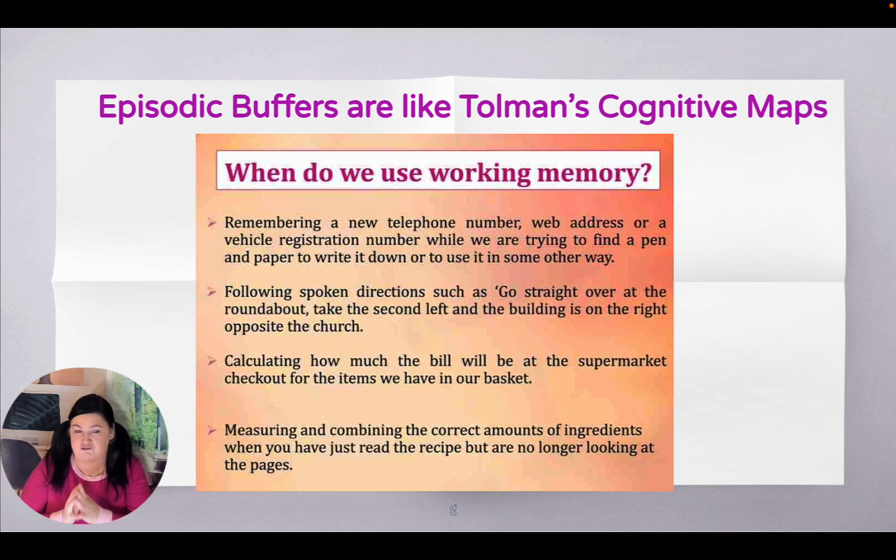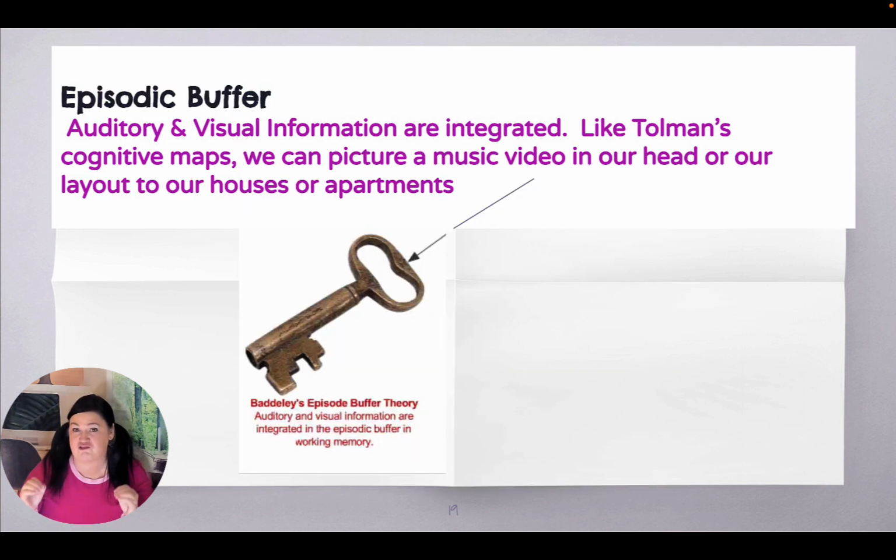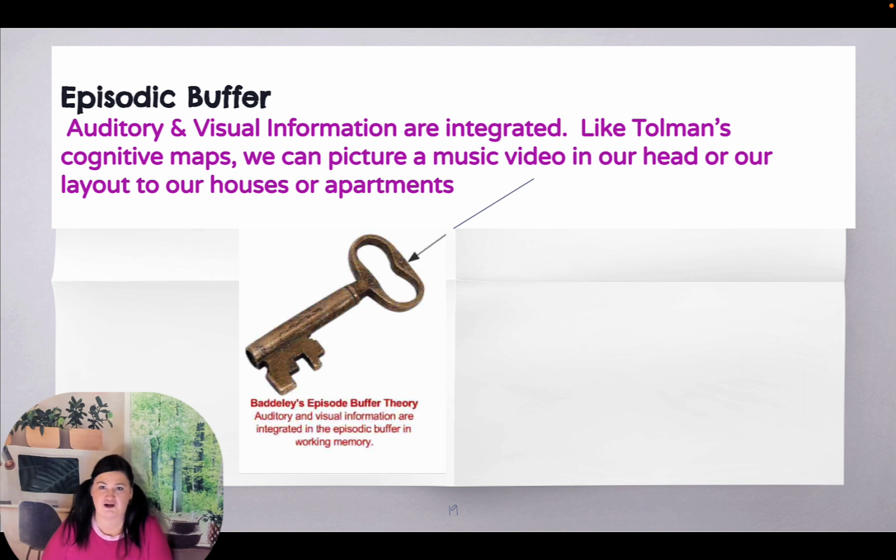The central executive also tells us which slave system should be working at a given time. Okay, the first one up was actually added in the year 2000, and we call it the episodic buffer, like what we've just been talking about. These are the temporary and passive display stores when we are trying to recall a scene or a sound.